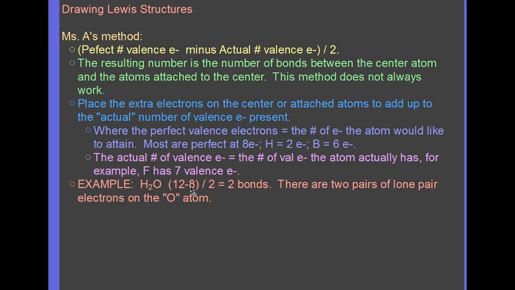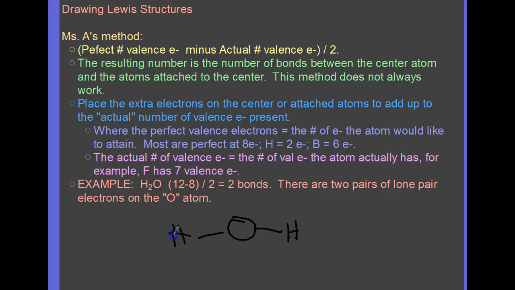Now, if this number is odd, you did something wrong somewhere. And then 4 divided by 2 would be 2 bonds. So for water, oxygen is the center, and then each hydrogen is attached by a single bond, and each single bond would add up to 2 bonds. And then you actually have 8 electrons. And so you need to have your electrons add up to 8.